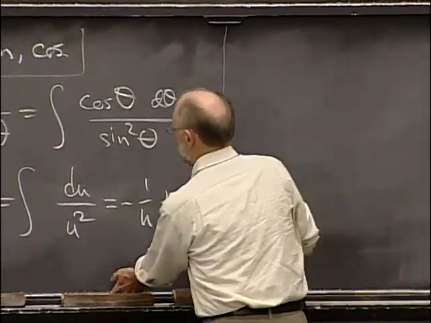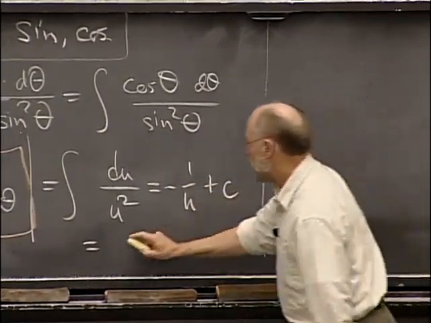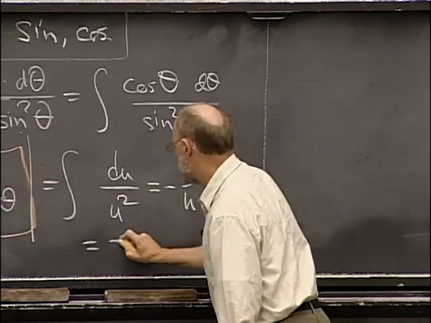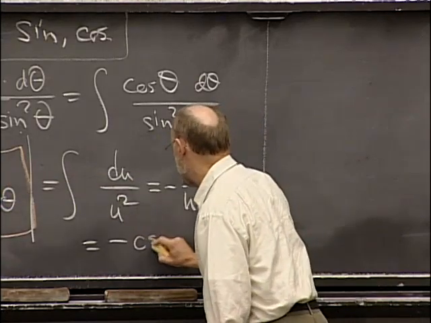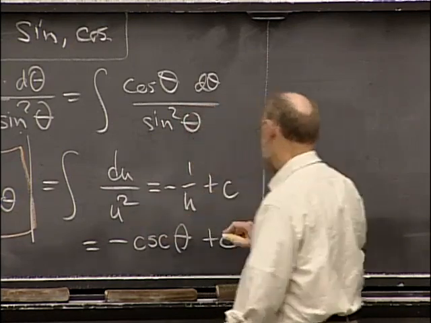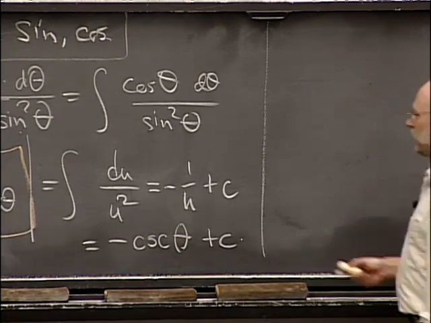So this first substitution isn't so bad to undo, to back substitute, because u was just the sine of theta. And so 1 over u is, a fancy way to write it, the cosecant of theta. Right, 1 over the sine is the cosecant. So I get minus the cosecant of theta plus a constant.